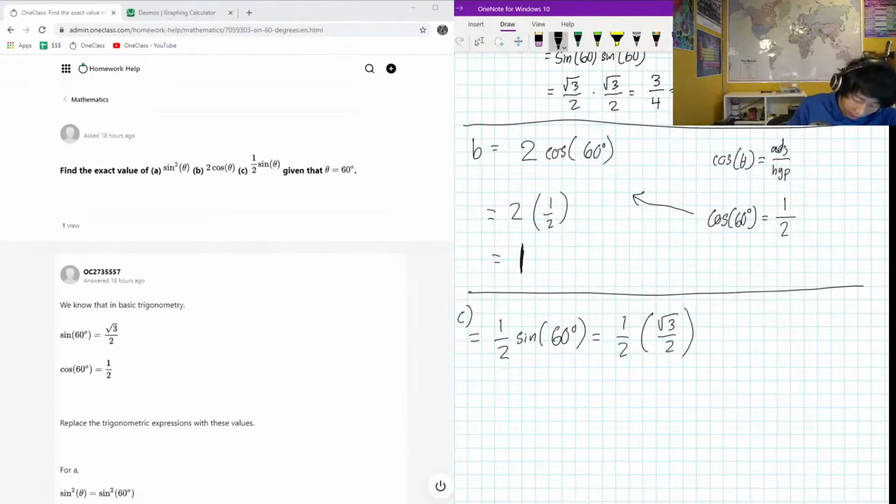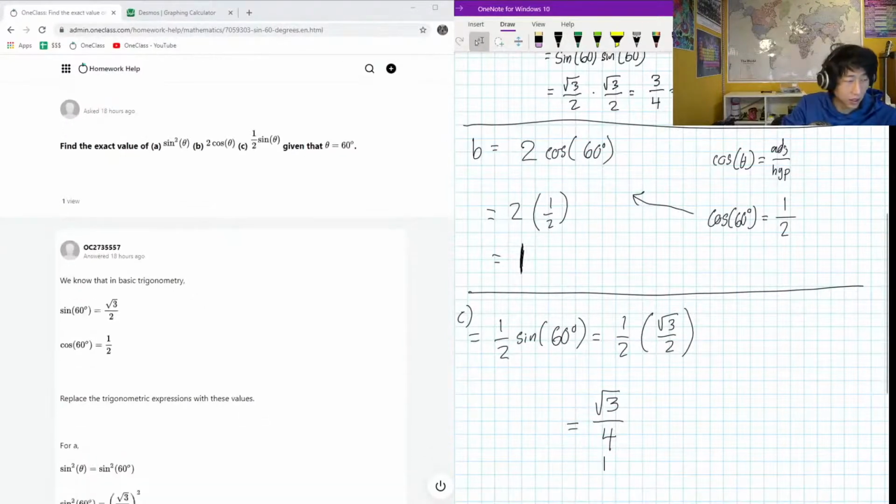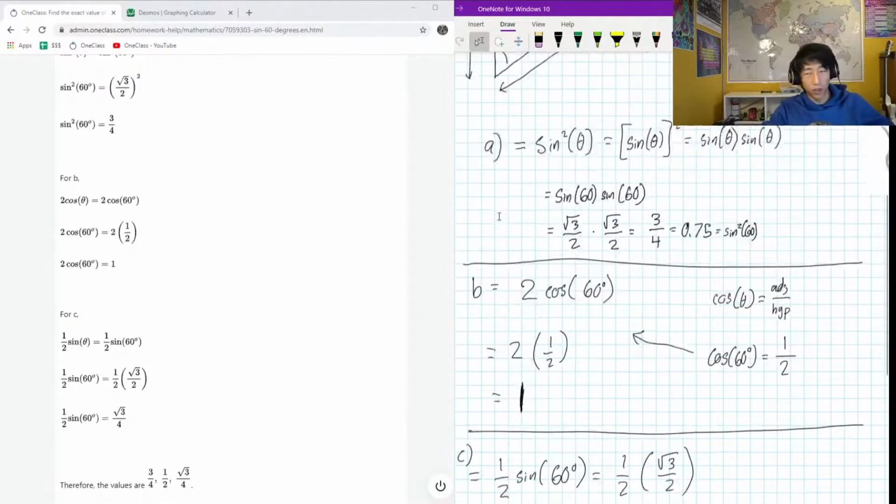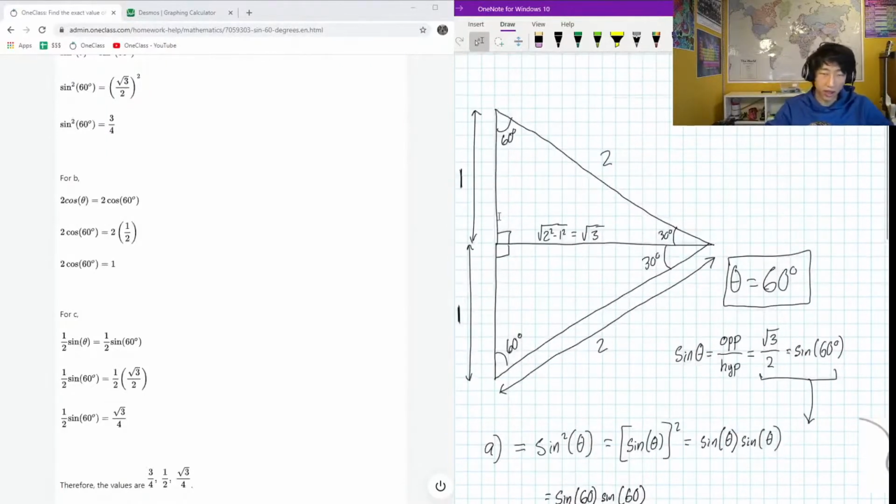With some quick math, we can see that this is just going to be √3 over 2 times 2, that's 4. And that will be the answer to 1/2 sine 60. Hopefully we came to the same conclusion here. That's awesome. And we can call it a day on this question.